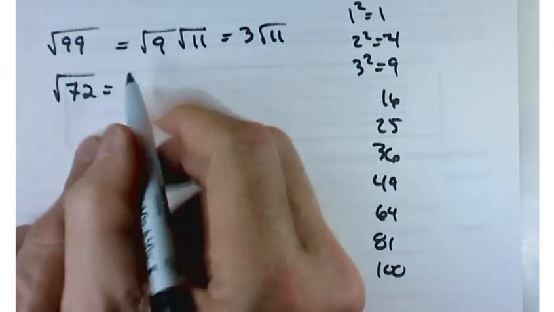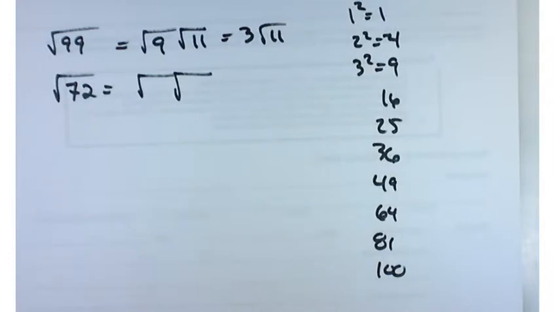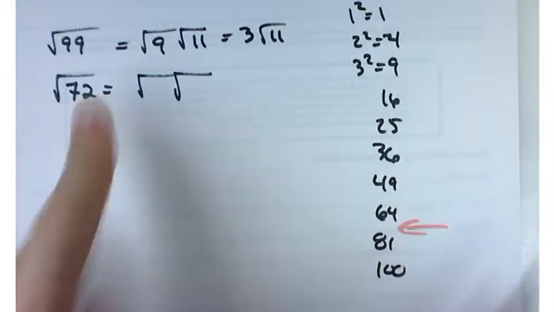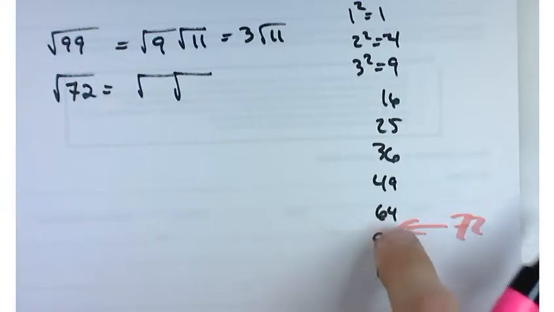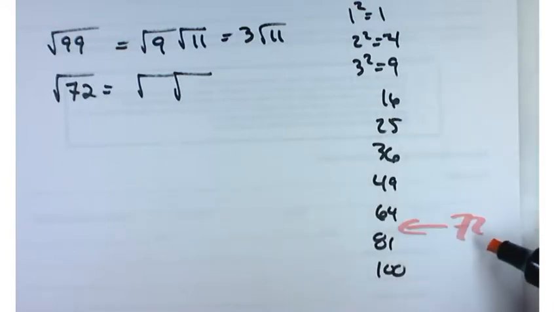If we played the same game again, what numbers occur to you? 9 and 8. That's the long way. So my suggestion would be to work with this number, 72, which fits in between these two, and work your way up. Does 64 go into 72 evenly?